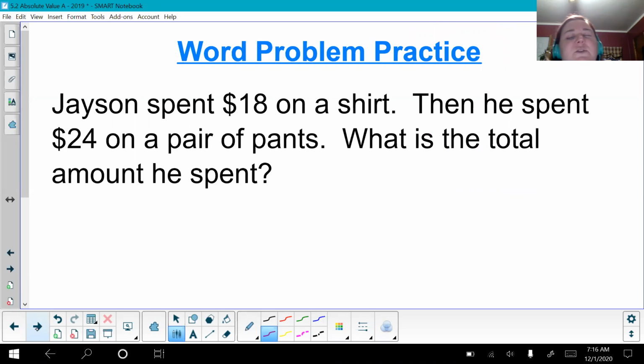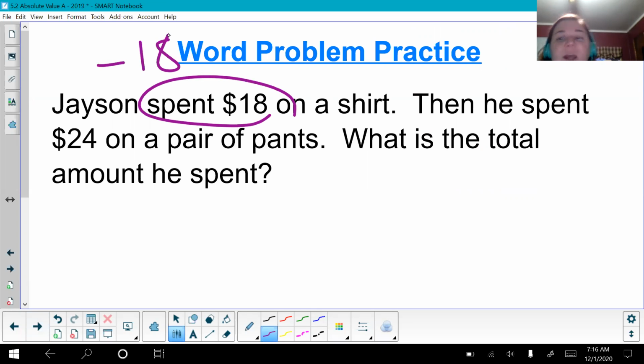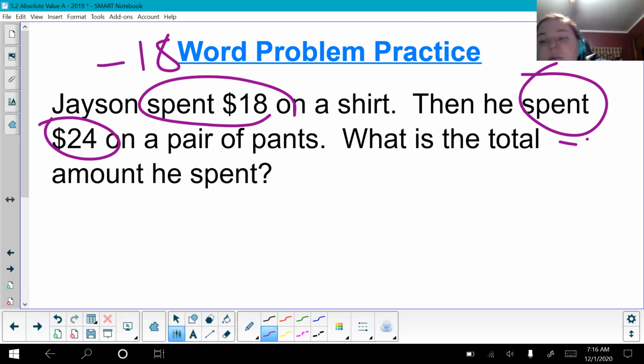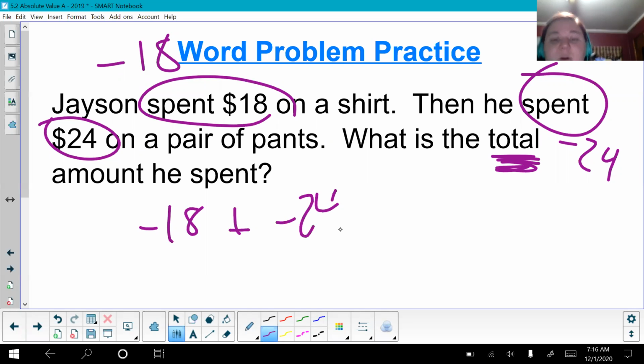So just to get to these problems here. Let's say, excuse me, Jason spent $18, so -18, right? And then he spent 24, so -24. What is the total amount that he spent? So he spent 18 and he spent 24.